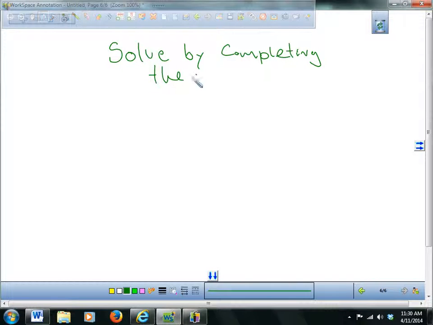Completing the square. Okay? I'm going to get x squared plus 9x plus 15 equals 0. What's my first step?